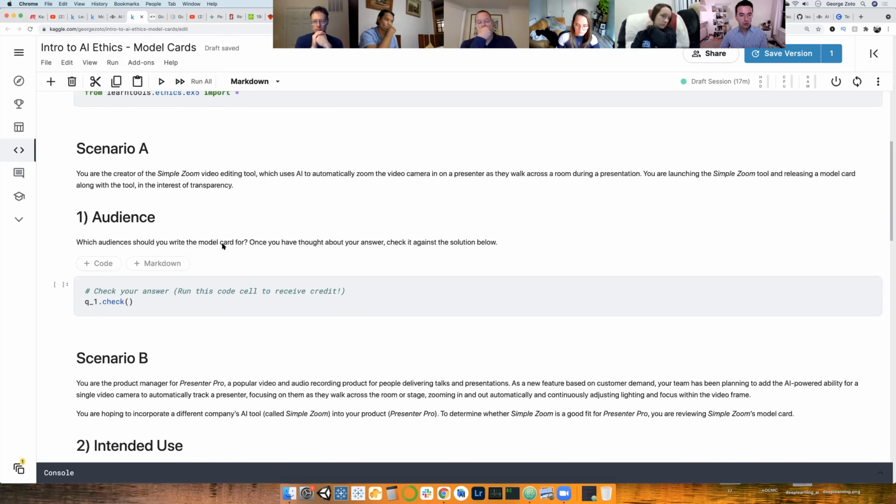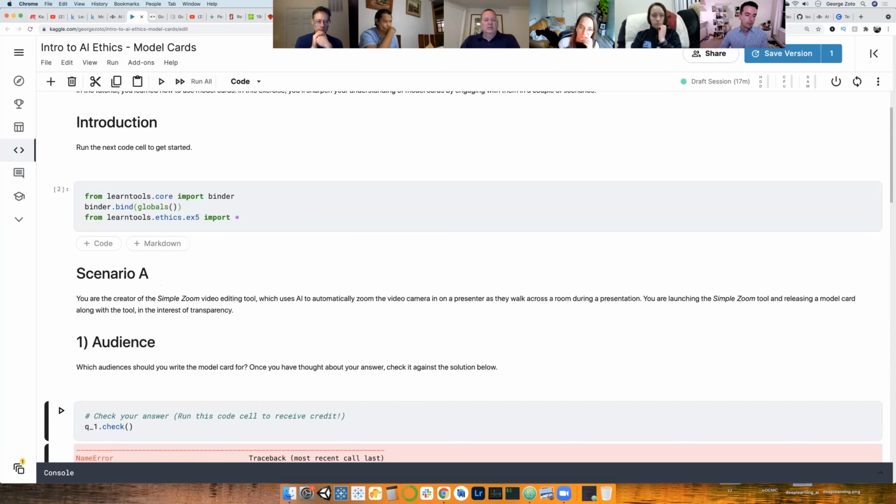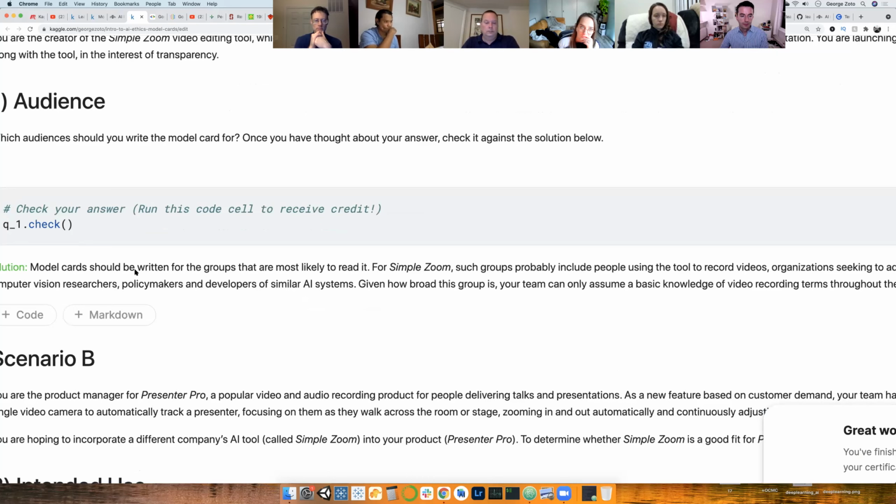What audiences should you write the model card for is the first question. You're launching this tool and releasing a model card along with the tool in the interest of transparency. That's your interest. Model cards should be written for the groups that are most likely to read it.